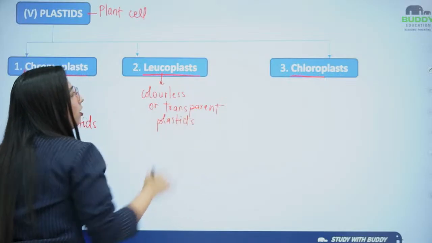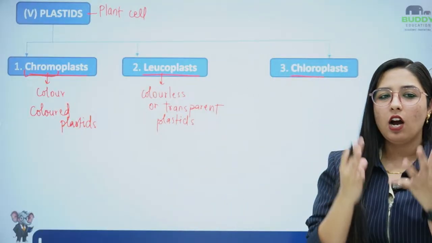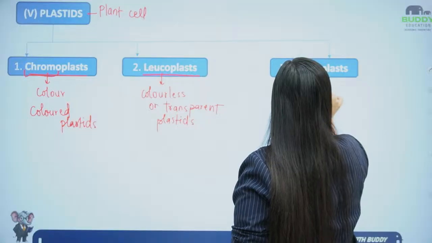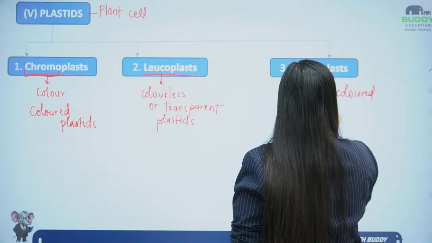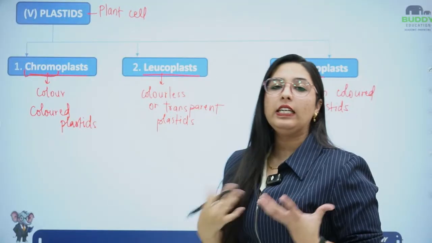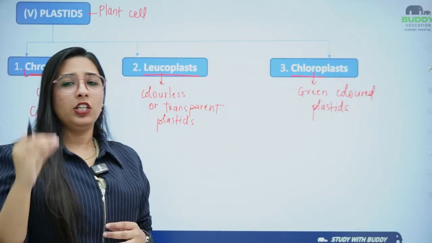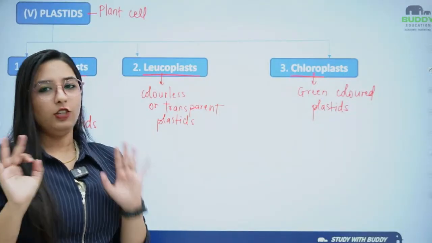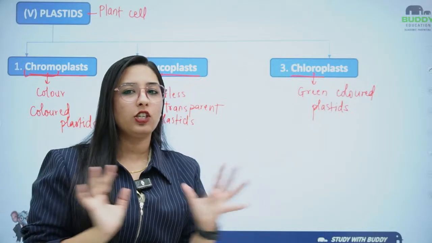And if I talk about chloroplasts, these are basically the green colored plastids, as they are responsible for providing green color, and they're also responsible for performing a vital function in the plant cell, that is photosynthesis. That we'll study. Don't worry, we'll study chloroplasts separately so that we can have a good explanation about chloroplasts.